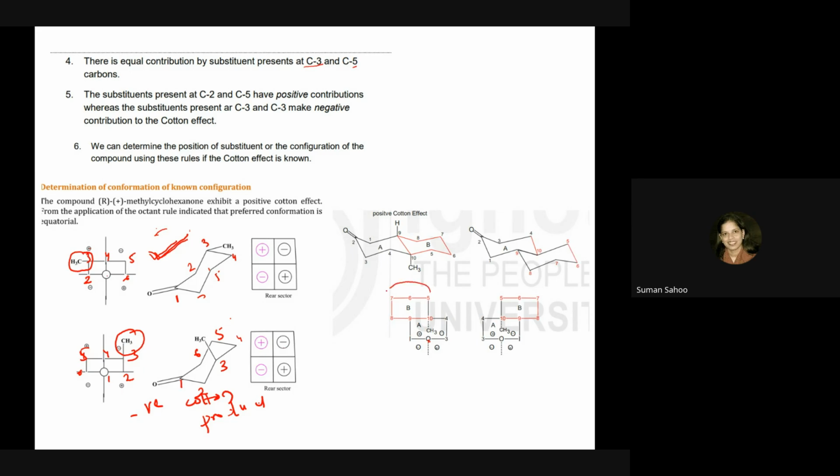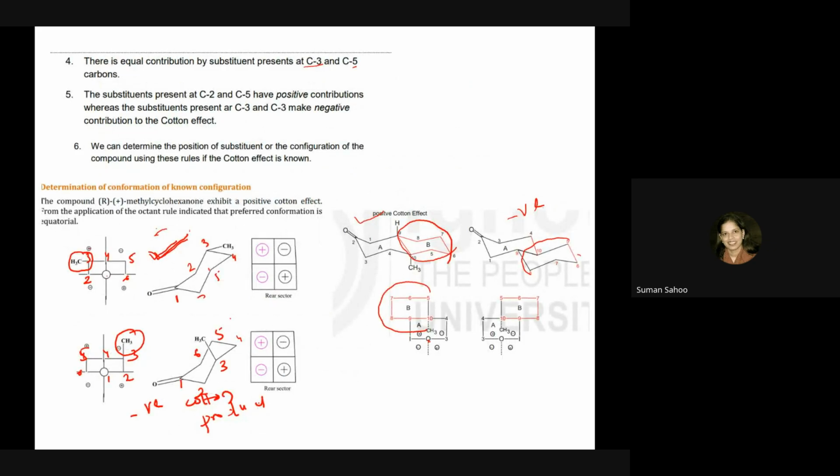And again, this substituent is present in your positive quadrant, so that is going to give you a positive Cotton effect. And in this molecule, this one is present in a negative quadrant, so its enantiomer is going to give you a negative Cotton effect.